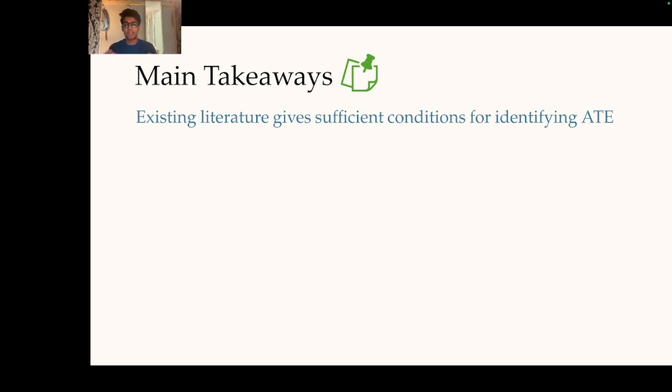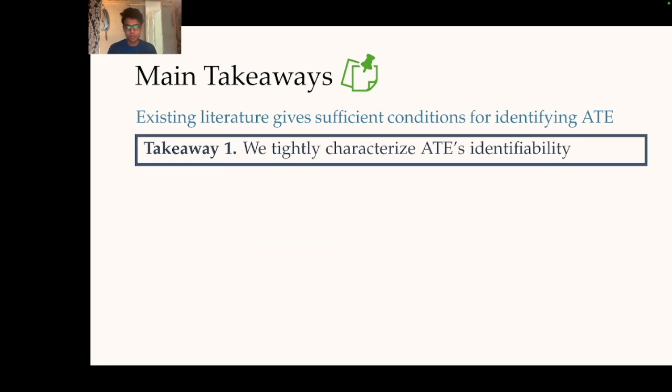In learning theory, we always like to characterize the precise settings where we can solve problems using various dimensions. And the first result in our work is precisely this. We characterize the observational studies where the average treatment effect is identifiable.